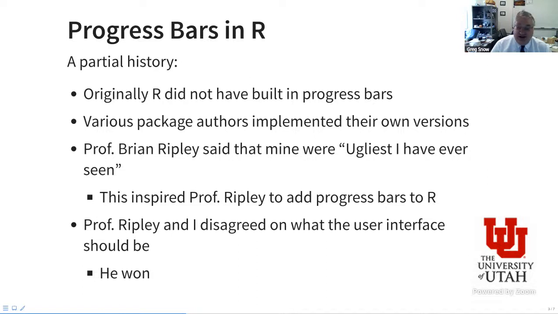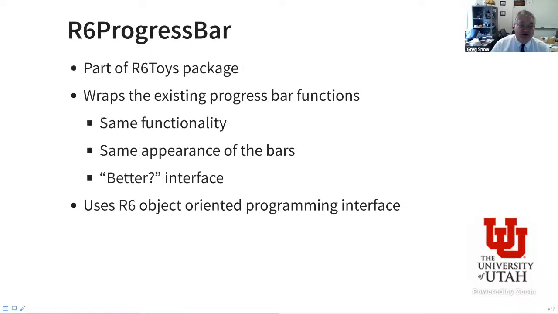But he did tell me, well, if you don't like how I do it, write a wrapper. And so that's what the R6 progress bar object does, it's a wrapper around the existing functions. So you get the same progress bars, the same functionality, but what I think is a better interface. Now that's my opinion. Yours may differ, his differs, but it uses R6 object-oriented programming to do that.